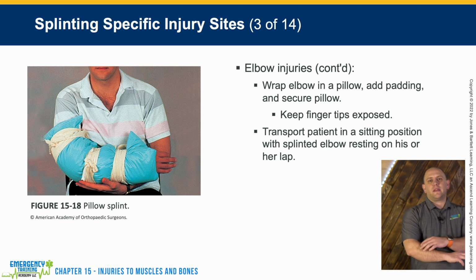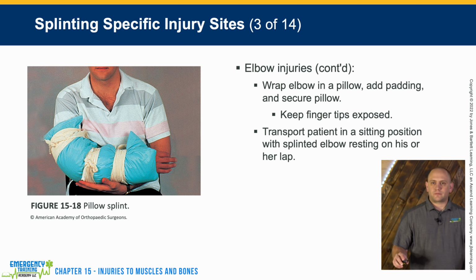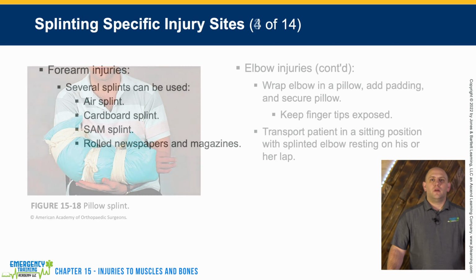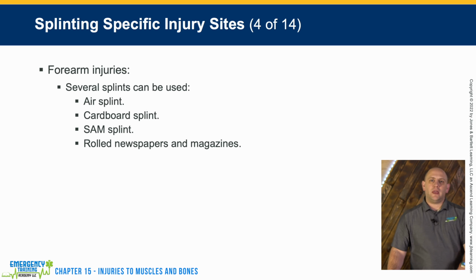Pillows are great as a padded splint, but once again, our malleable splints can be used for anything in the arm, including our elbow, our forearm, our wrist, and our hand. So next, we are going to take a look at splinting our forearm.